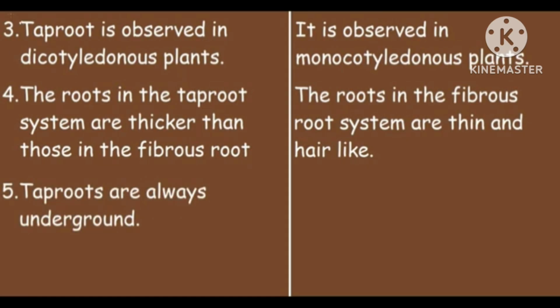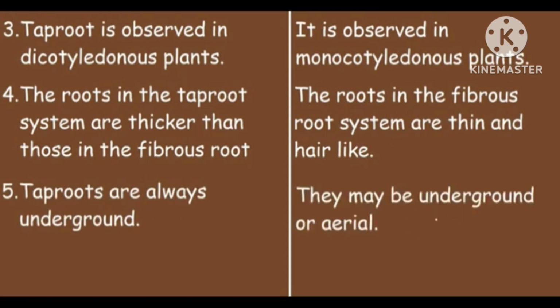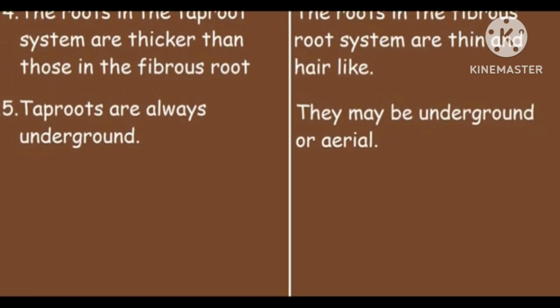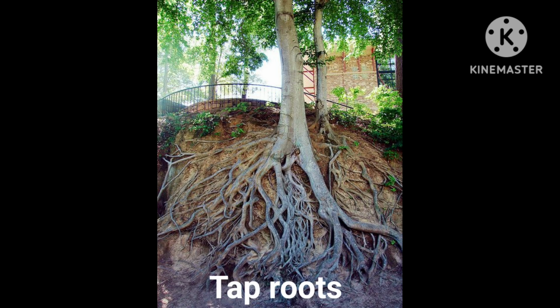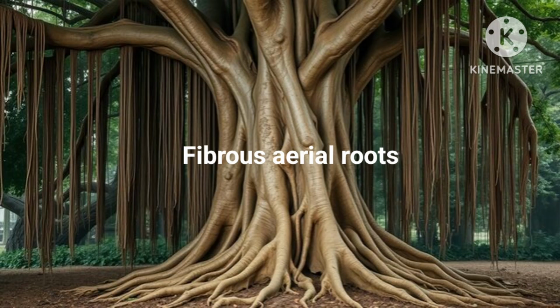Taproots are always underground, whereas fibrous roots can be underground or even aerial. You can see here the taproot of the tree which is underground. From the primary roots, the secondary and tertiary roots are coming out. Whereas with fibrous roots, the normal fibrous roots will be there.